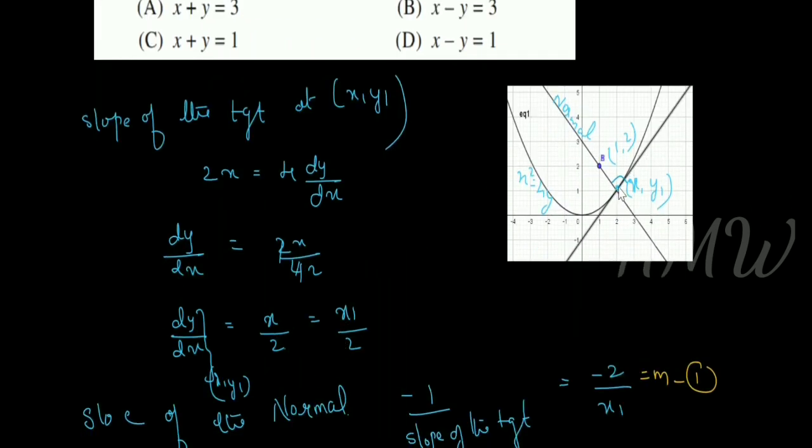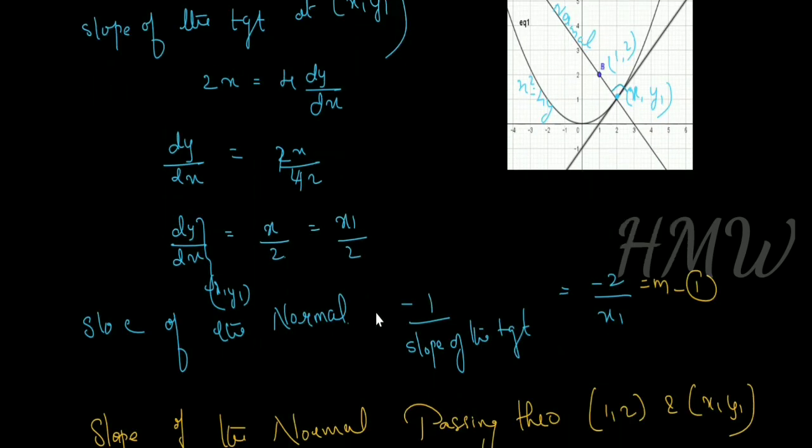The tangent at this point, which is not given, we have taken as (x1, y1), is x1/2. So what will be the slope of the normal? You take the reciprocal and change the sign, −1 by the slope of the tangent. So −2/x1. That is the slope of the normal.